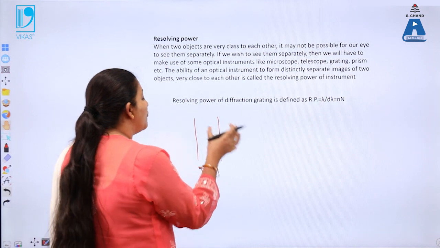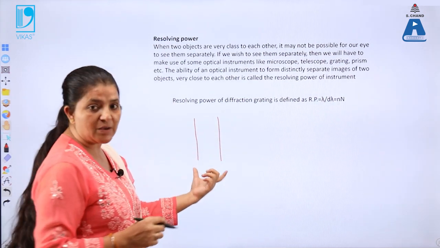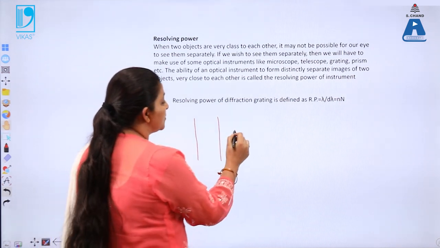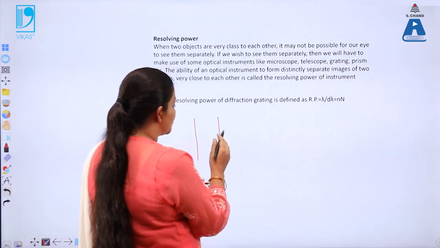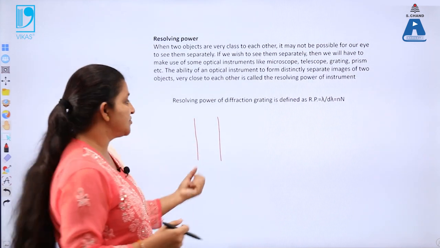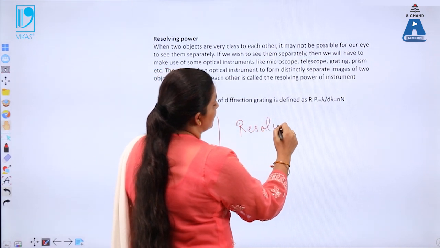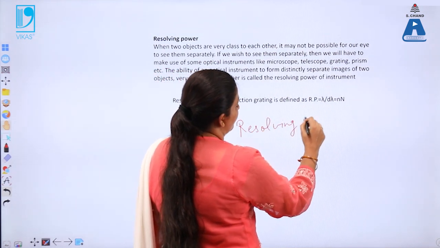But how can we see these two objects? These two objects can be seen separately from each other by using some instruments. These instruments are able to resolve the objects separately from each other, and their capacity is measured in terms of resolving power.